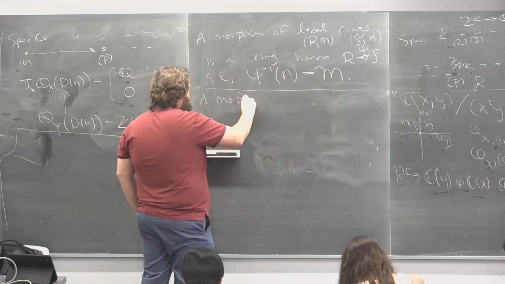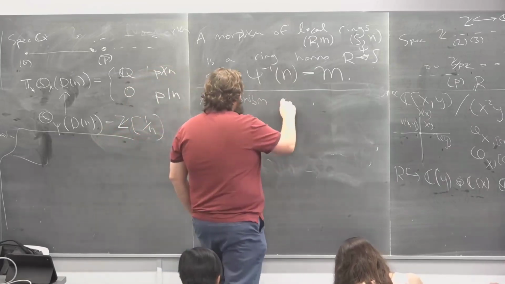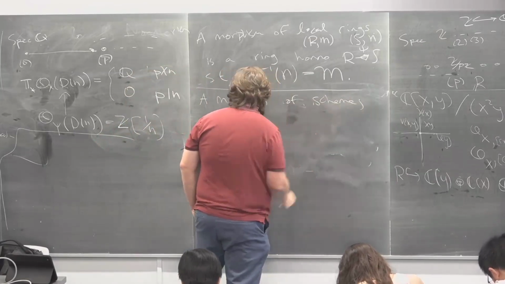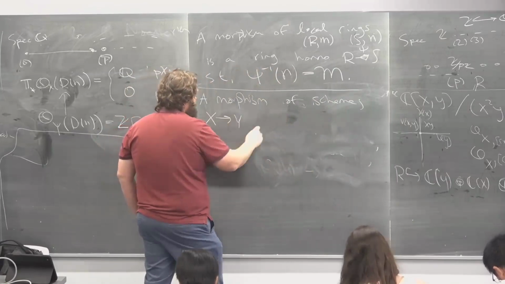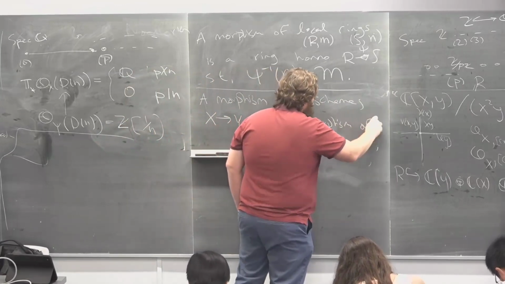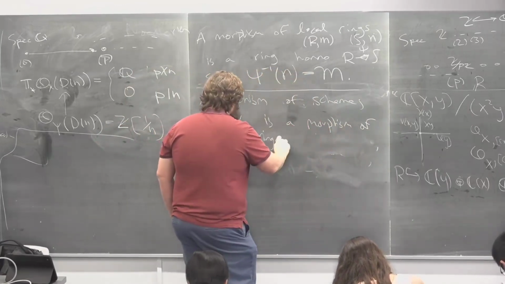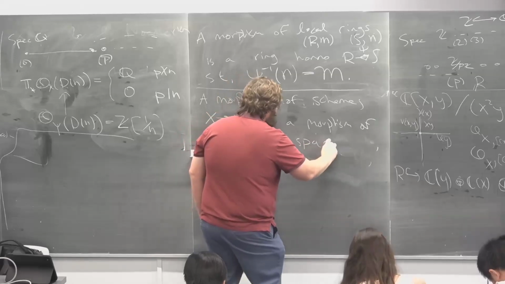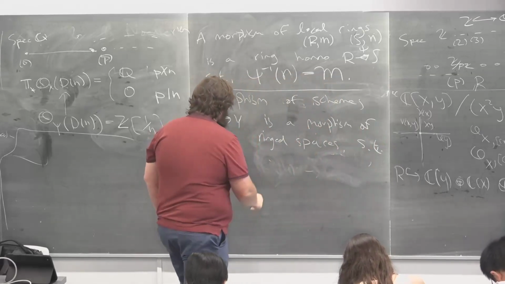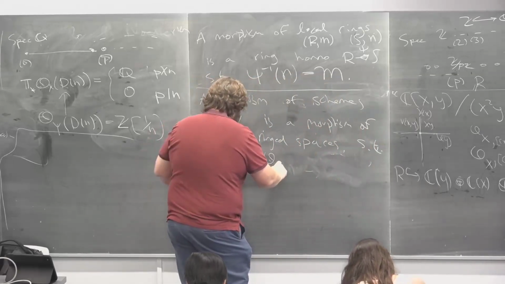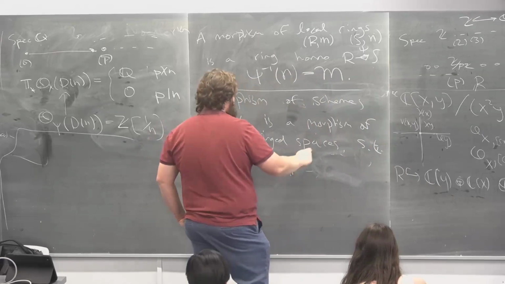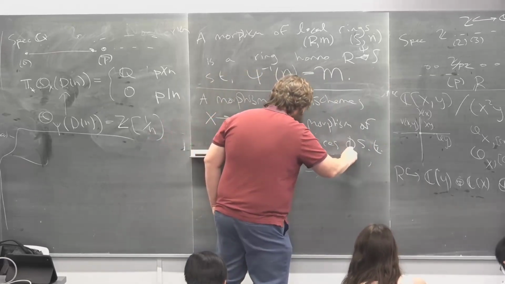So I'm out of time, so let me just write this up. A morphism of schemes from X to Y is a morphism of ring spaces, such that, so I always have an induced map, I'm going to call this phi.